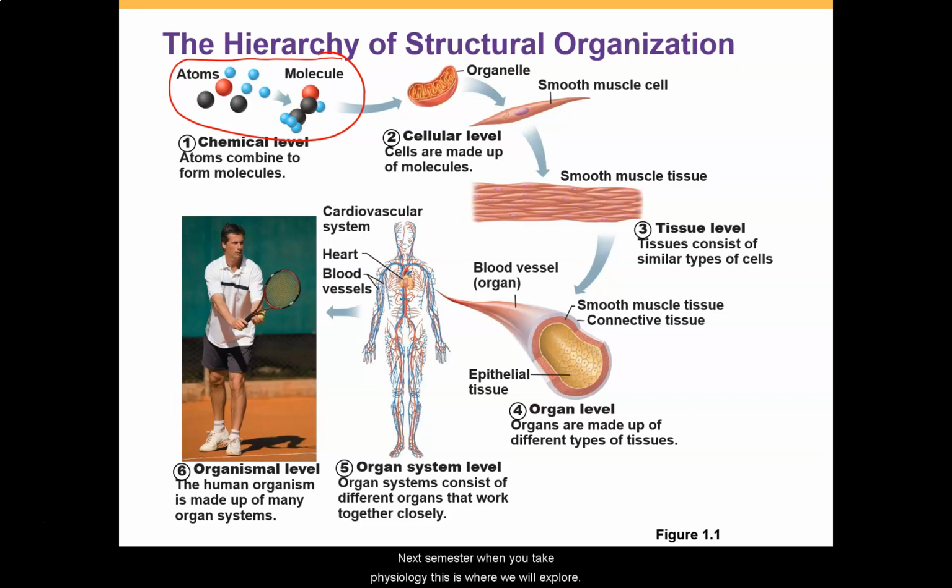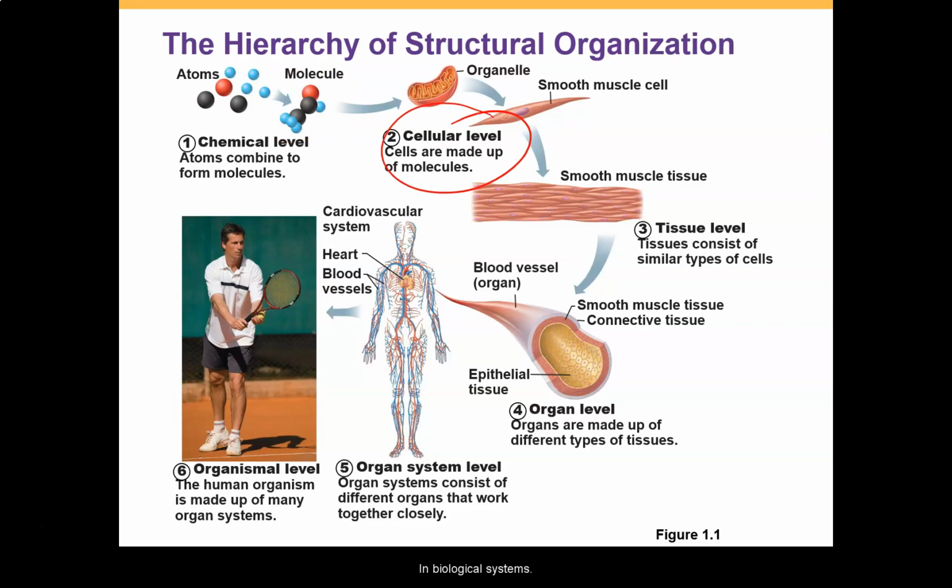Next semester, when you take physiology, this is where we will explore the function of the human body, more so at the chemical and cellular level. So chemical level, atoms give rise to molecules, and then molecules come together to give rise to the cellular level.